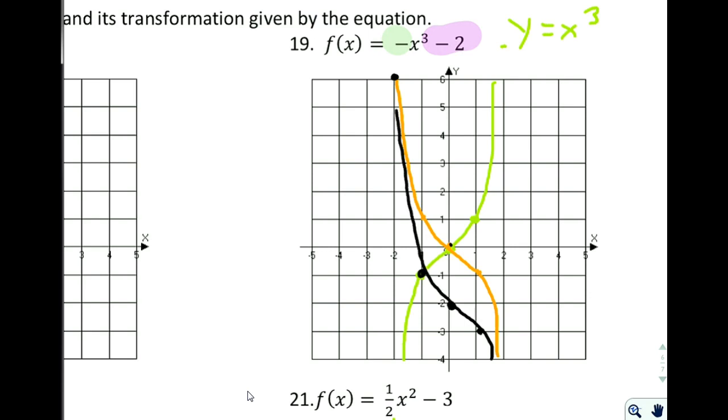Leaving our graph looking something like this. That isn't perfect, but it takes the original green-yellow graph that I drew, we flipped it with the negative to get the orange, and then we applied the drop down of 2, which got us the black graph.